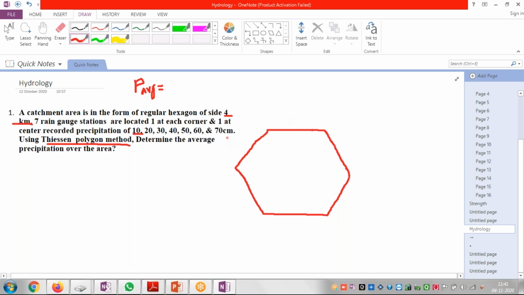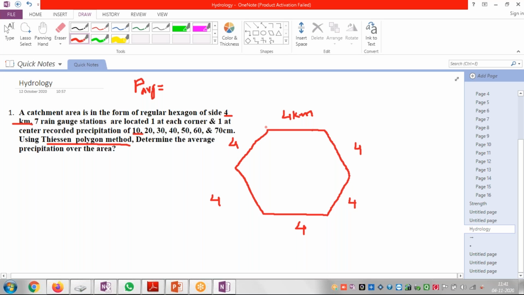This is my hexagon, and each side is said to be 4 kilometer. This is 4 kilometer. Similarly, this is 4 kilometer. This one is also 4 kilometer. This side is also 4 kilometer. This is also 4 kilometer, and this one is also 4 kilometer.